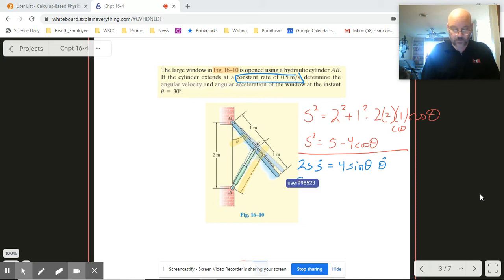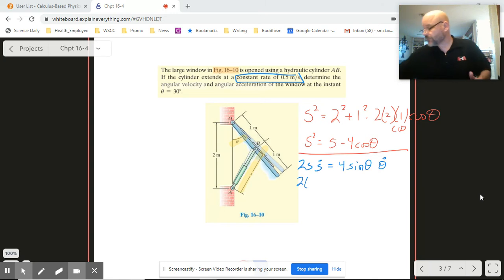So to solve for theta dot, we're just going to put in our values. We're going to figure out what s is. So let me get my calculator out here. I'm going to use the s squared equals 5 minus 4 cosine theta. That's how I'm going to get that.